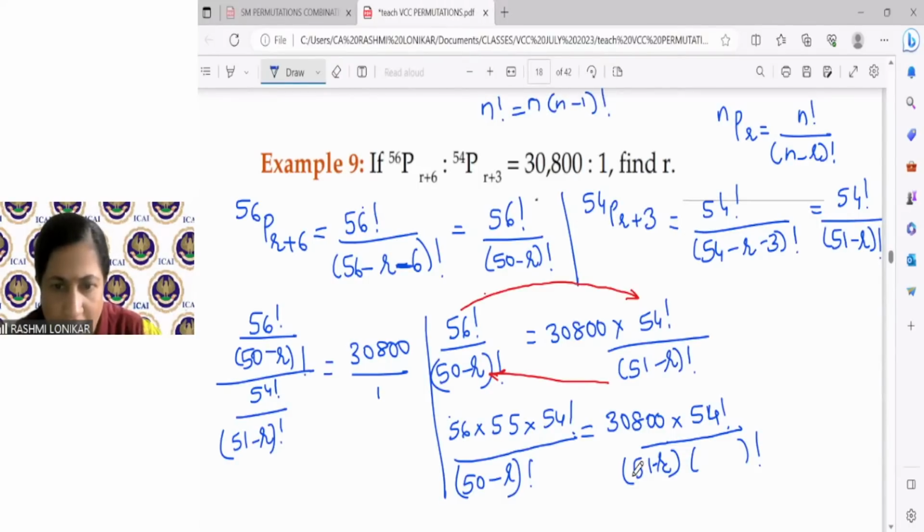If you want, I will put this one more step here. So here, what is n? n is 51 minus r. Then (51 minus r minus 1), what is 51 minus 1? It is 50. So this is equal to 3800 into 54 factorial upon, what will this be? This is (51 minus r) as it is, and 51 minus 1 is (50 minus r) factorial.